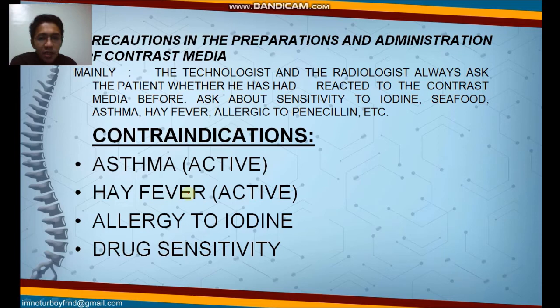Okay, so contraindications, the introduction of the iodinated contrast material if ever na siya active nga asthma, if ever na active nga hay fever si patient, if ever na allergy si patient to iodine, and then any other drug sensitivity. Okay, so dapat dili gina sila as much as possible hatagan og iodinated contrast material.